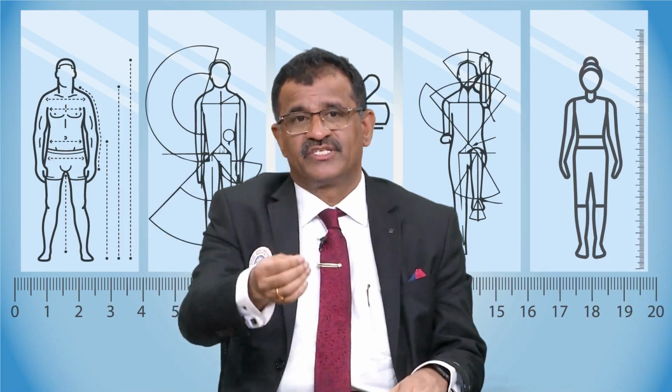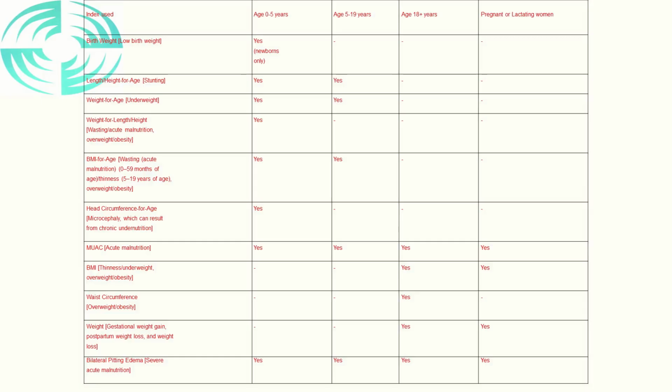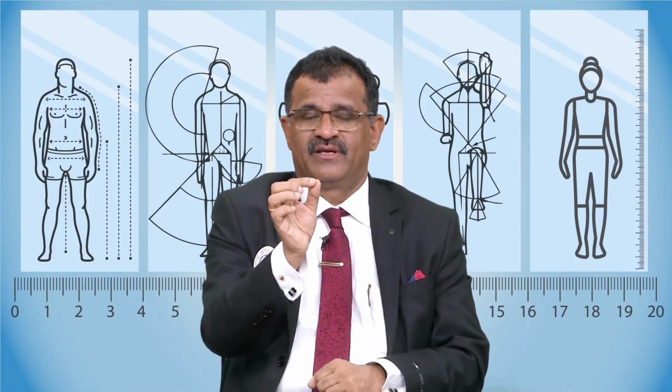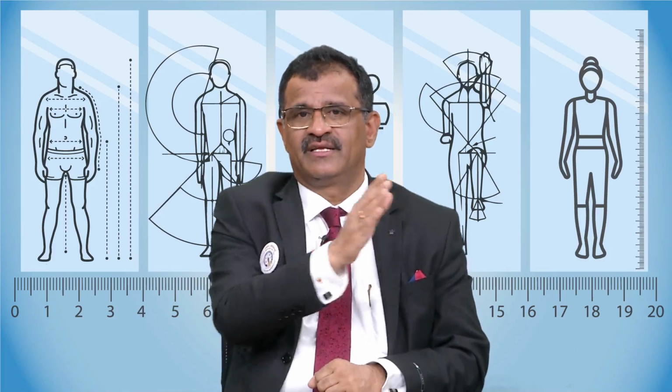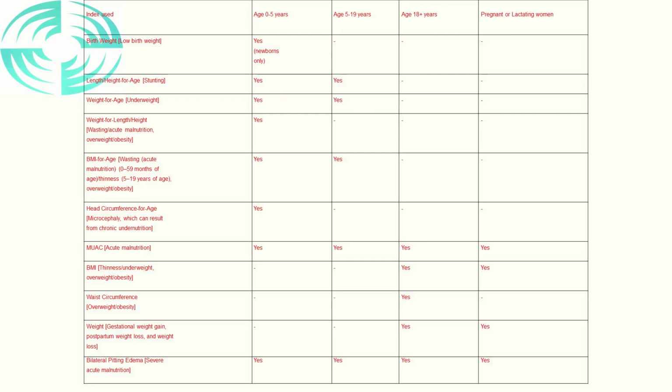So, I have mentioned here which is yes, that means that anthropometric measurement is applicable for that age. For example, MUAC is done in everybody under 5, 5 to 18, 19, 18 plus, in pregnant women, in lactating women.